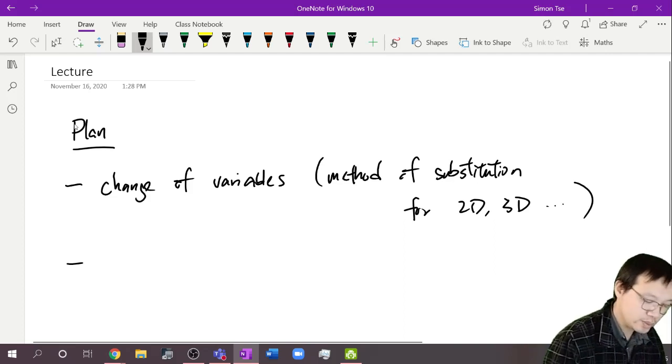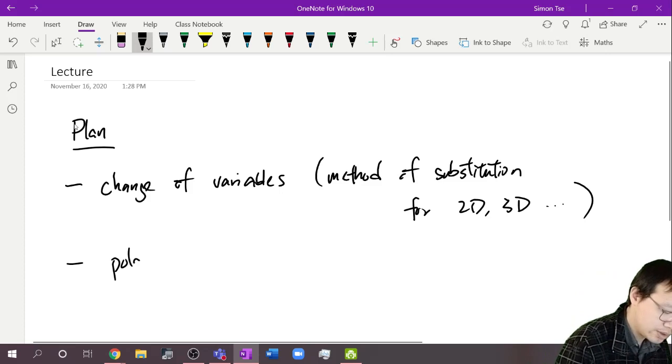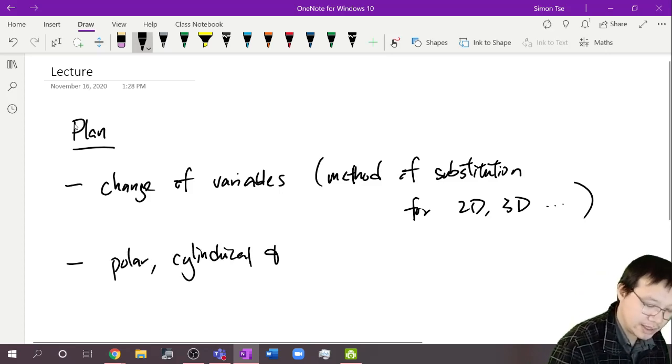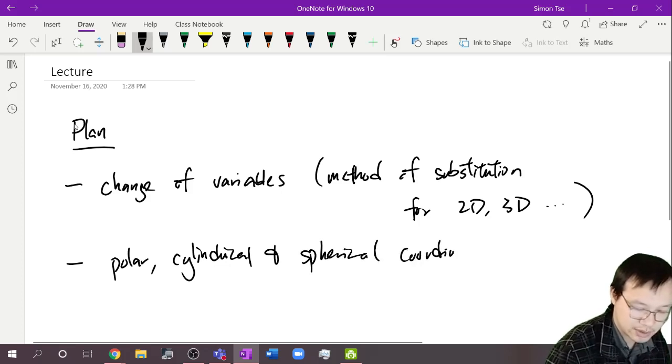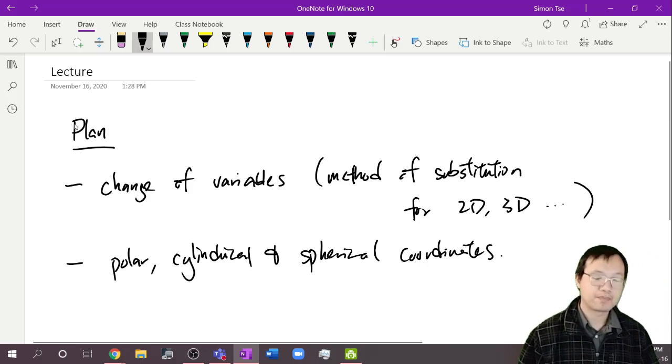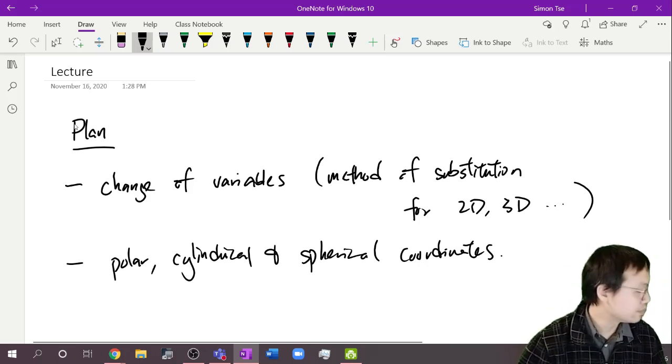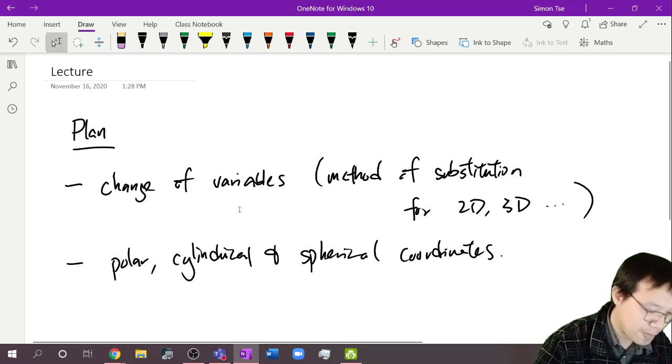We'll deal with polar, cylindrical, and spherical coordinates as examples. By no means are they the only possible coordinates. There are other possible coordinates, but we will use the most useful ones.